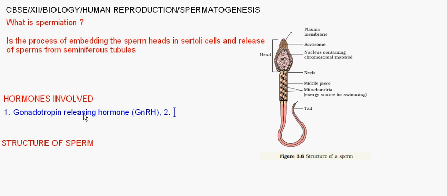and the third one is follicle-stimulating hormone. Now, what is the role of luteinizing hormone and follicle-stimulating hormone? Gonadotropin releasing hormone, I said, stimulates production of number 2 and number 3 hormone.